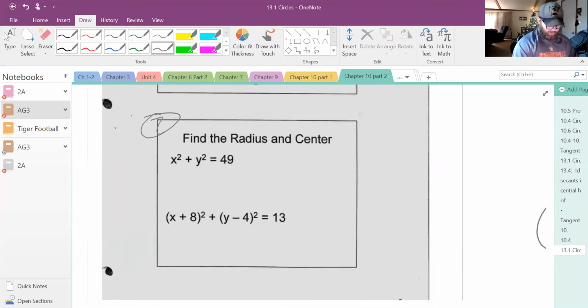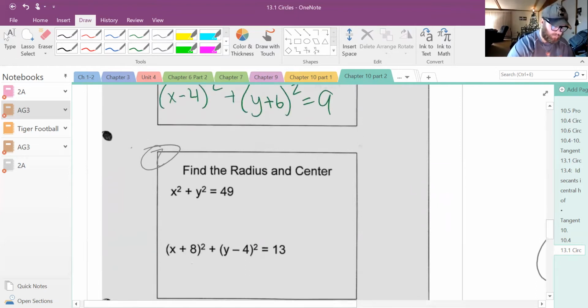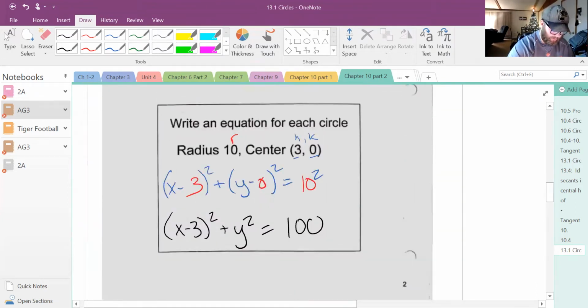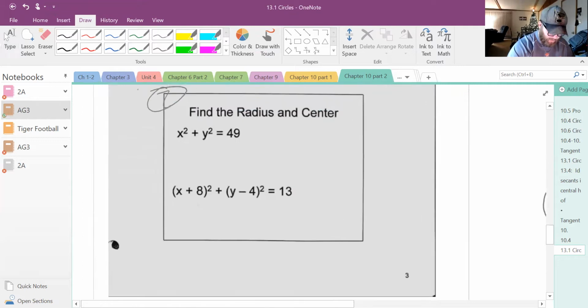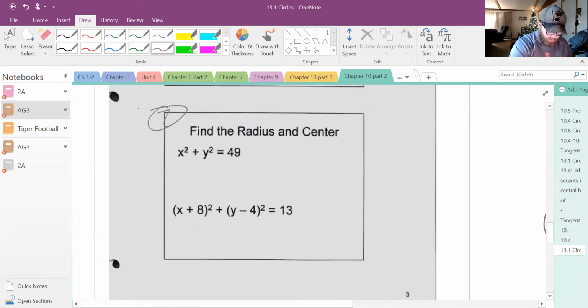Okay, so I need to make sense of this. So here's my first equation. x squared plus y squared equals 49. Where did we see that before today? We saw it in the first problem we did, right? Y minus 0 is just y squared. In that one, my k was 0, and I only have y squared. If I have x squared and y squared, what does that mean about my h and my k?